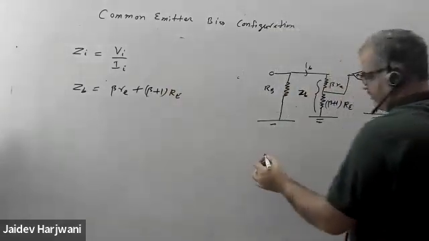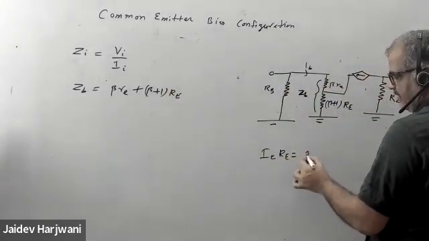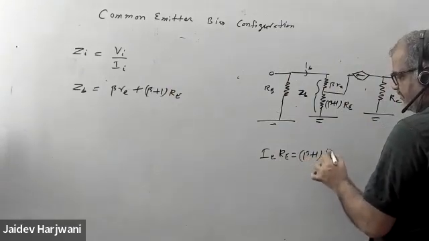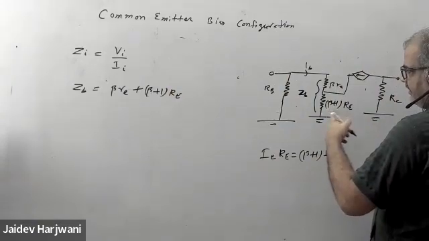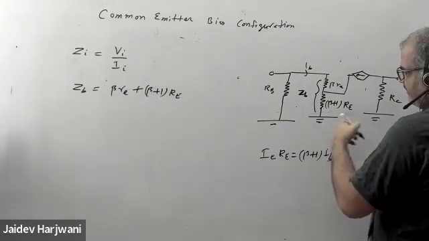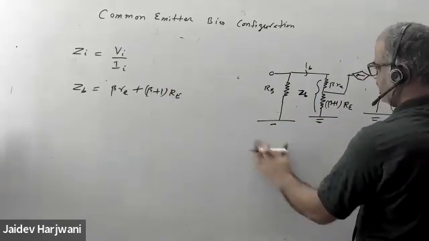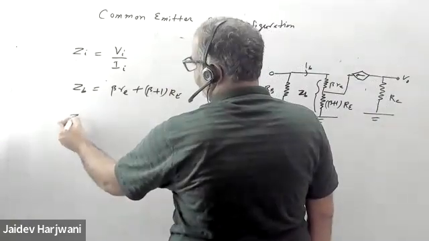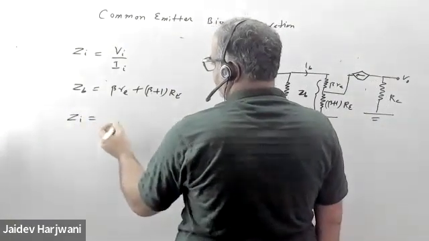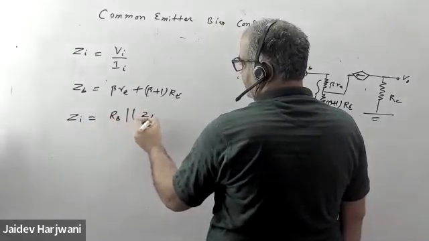Instead of IE in the circuit, I am writing beta plus one IB RE. Like I am writing here beta RE, now I am writing here beta plus one RE. So this is my ZB, and my Z input will be simply the parallel combination of RB and ZB.